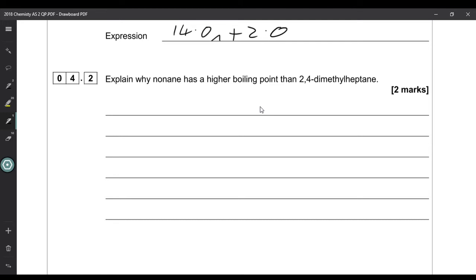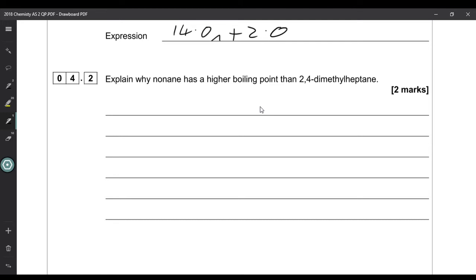Now, what doesn't happen when we boil a substance is breaking covalent bonds. They don't break during boiling or melting. But a lot of students did put about covalent bonds being broken. In this case, it's all about the van der Waals interactions between the molecules.